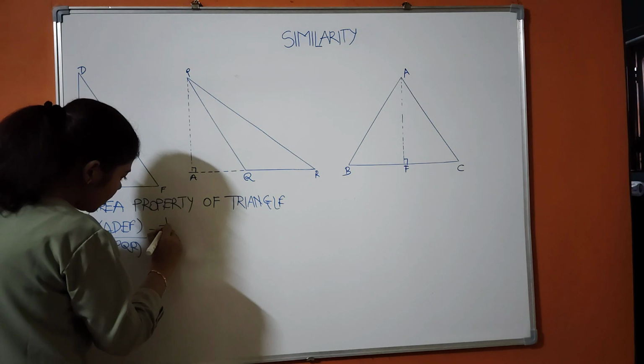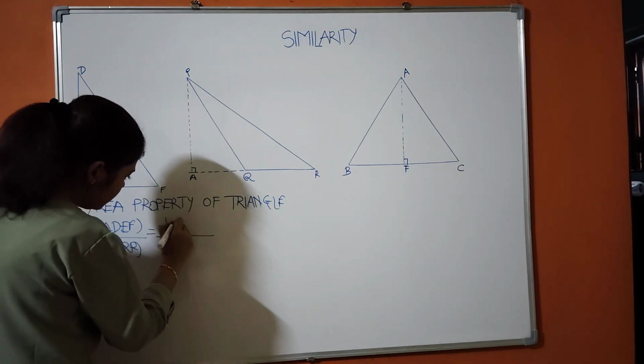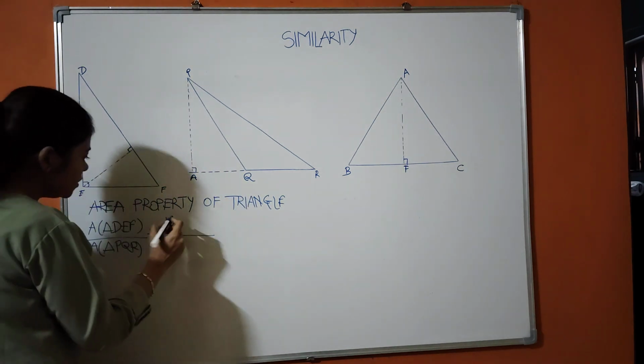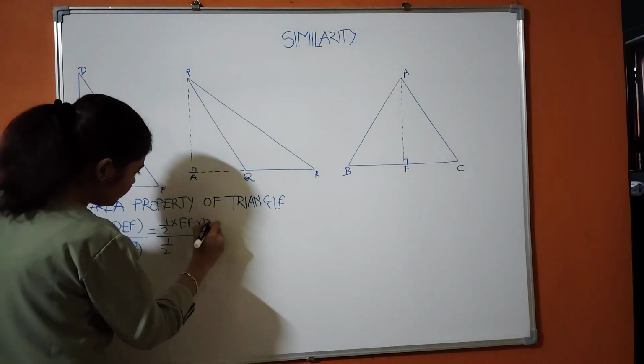We know the formula half into base into height. EF is the base and DE is the height.